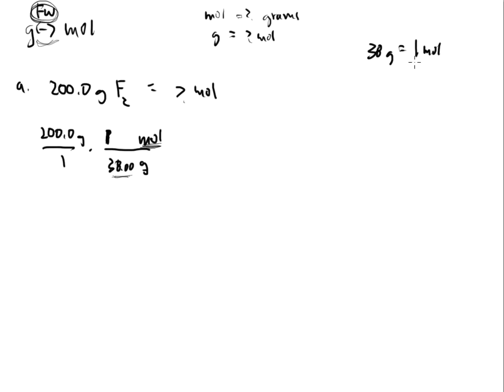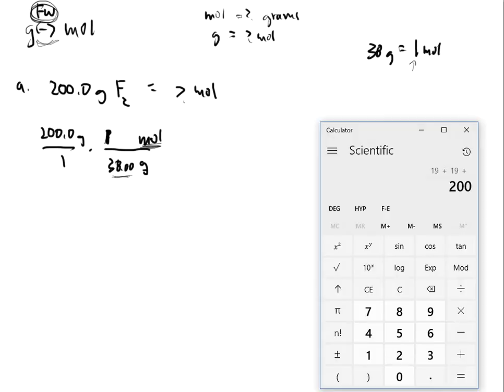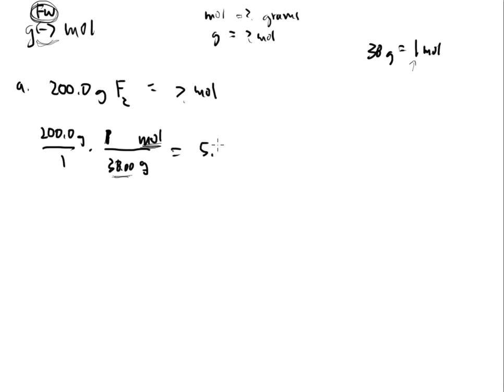So this is always in terms of 1, so a 1 will go there. So in order to solve this problem, I need to take 200 and divide that by 38. And I'm going to get 5.26 as an answer. So 5.26 moles of fluorine, F2, is what we have in our hands at that moment in time.